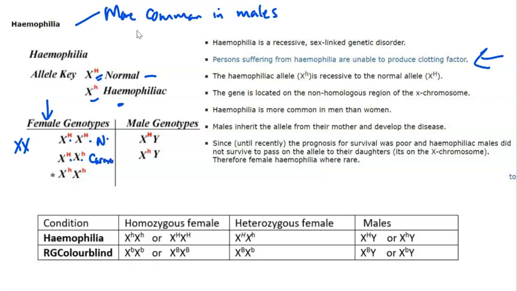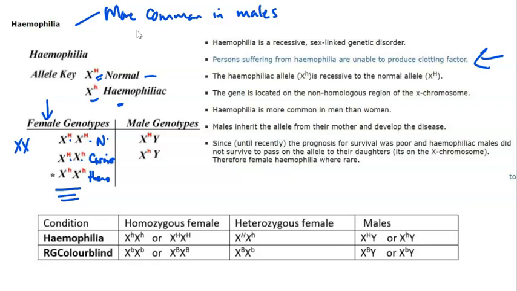So the person wouldn't actually have the condition of hemophilia, but they do have the allele, and they're carrying that potentially into future reproduction. And then we have X little h, X little h, and this person would be a hemophiliac and female.